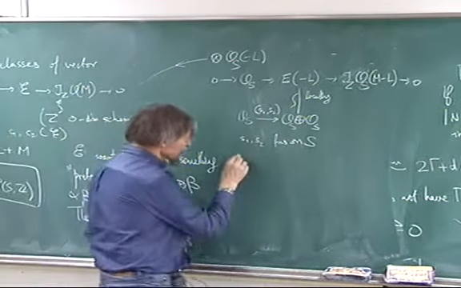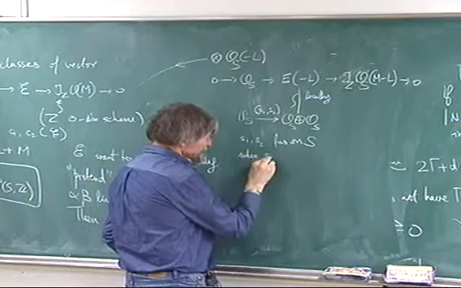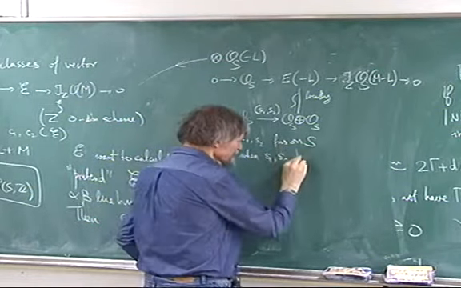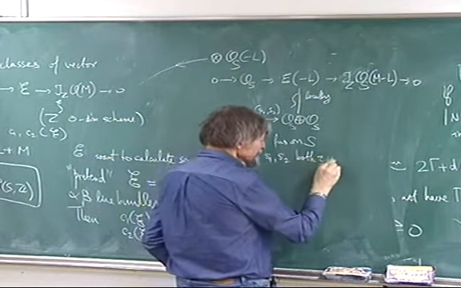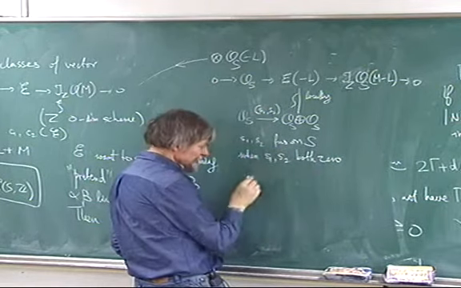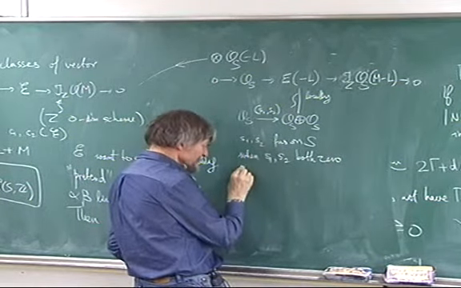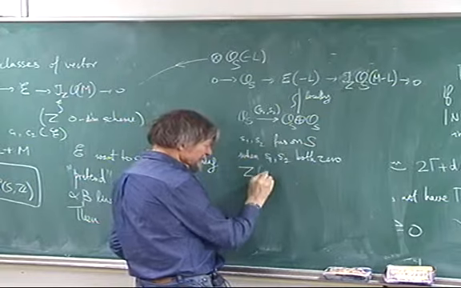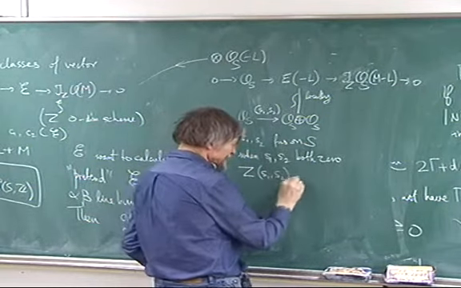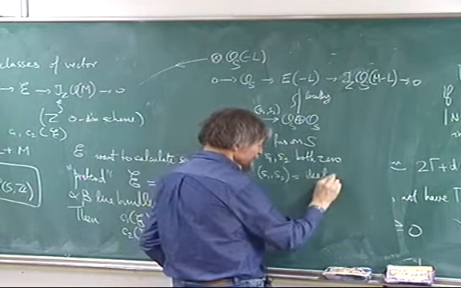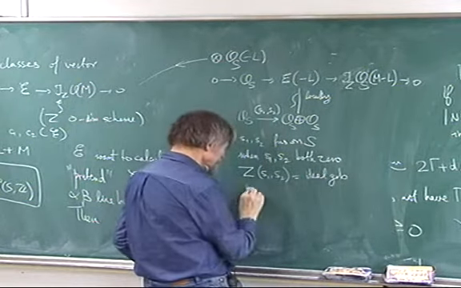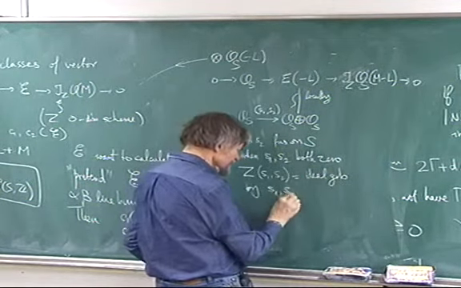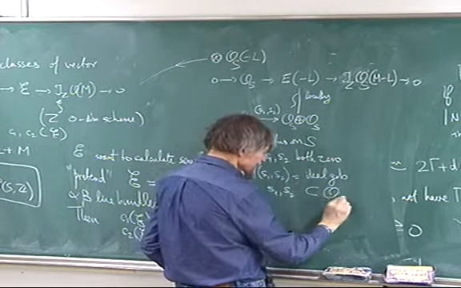So the problem comes where S1 and S2 are both 0. Then there's a zero scheme, Z of S1, S2, and that's the ideal generated by S1, S2 in O S.